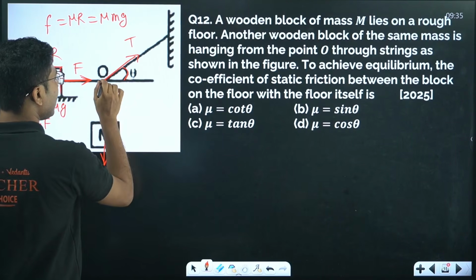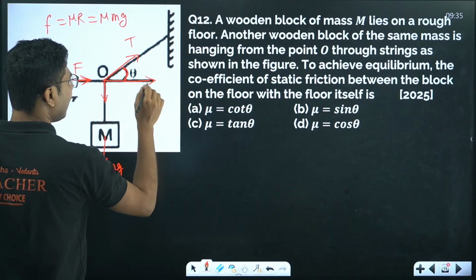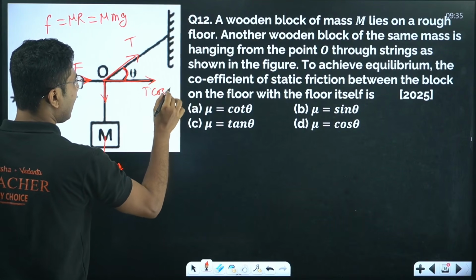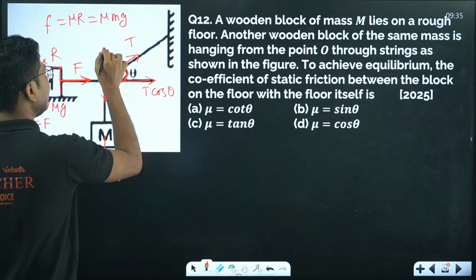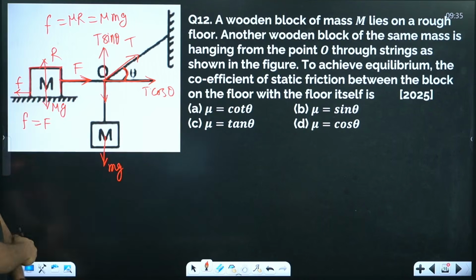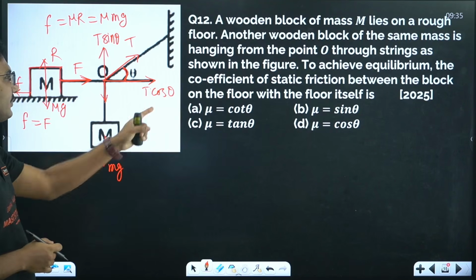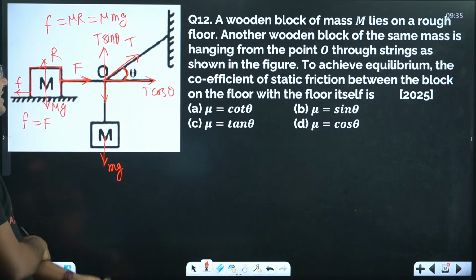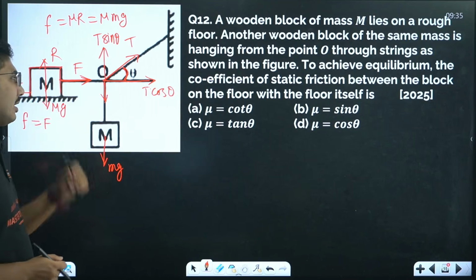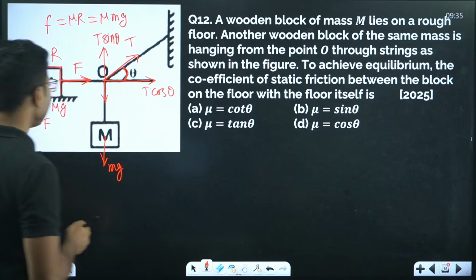If this angle is theta, this will be T cos theta, and this will be T sin theta. So this force F is T cos theta. You have to find the value of T, so that you can say this is the force which is acting on this object.